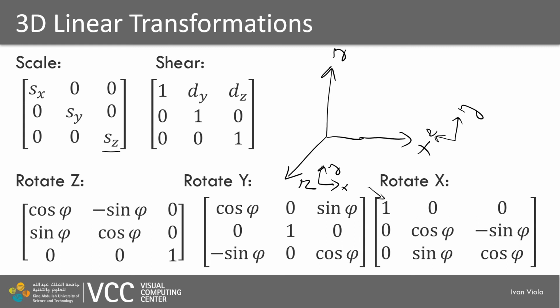So these are both right-handed coordinate systems. But if we look from the y direction, let me turn this, we can see that along the y-axis this is the z-axis, and this is the x-axis.